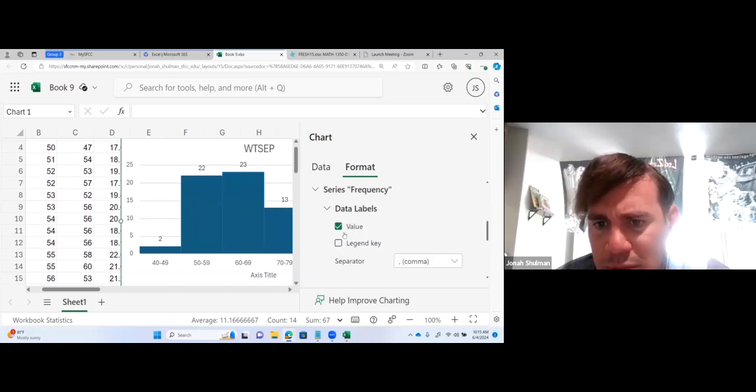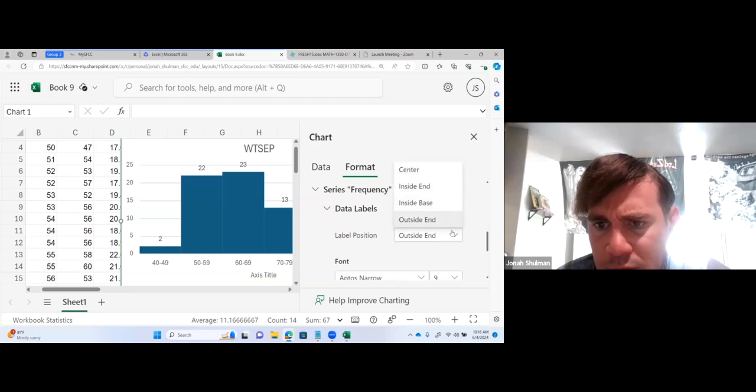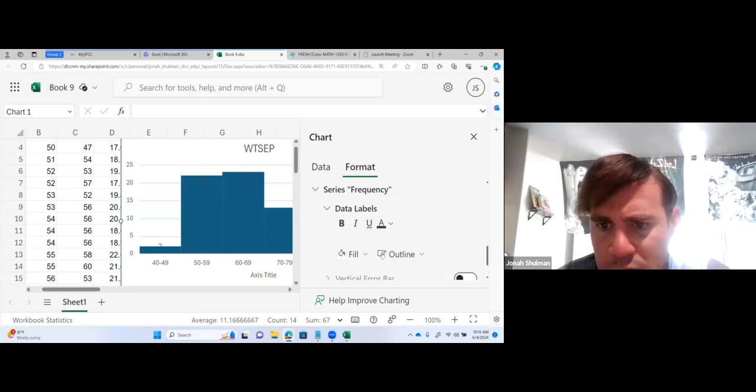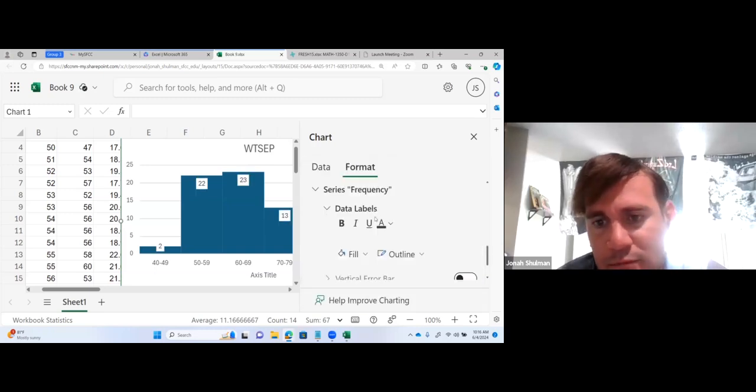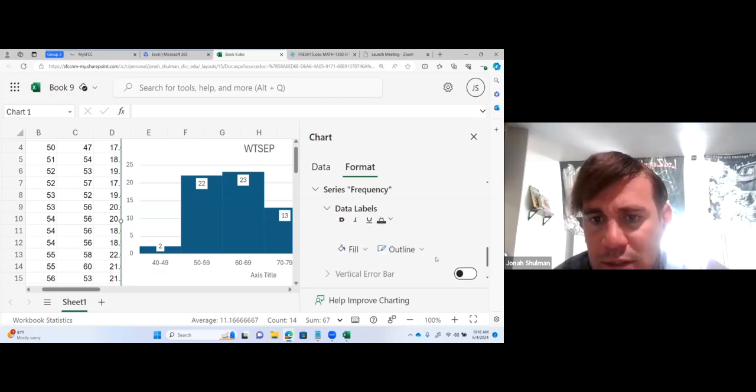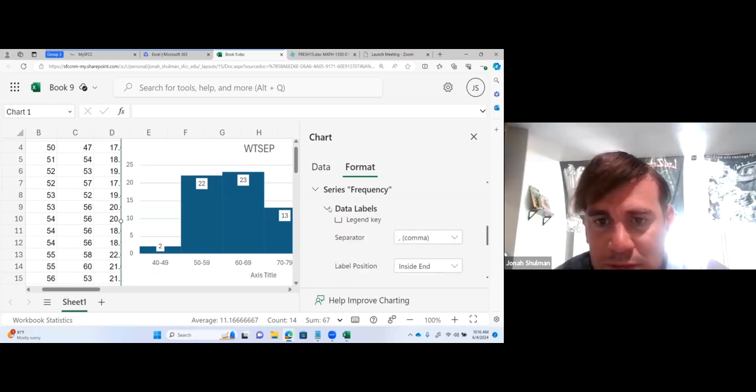I usually put the labels on the inside end, and all I'm going to do is fill it in white so we can see them. I like that, but you can get fancy with it if you like. We don't need a data table.